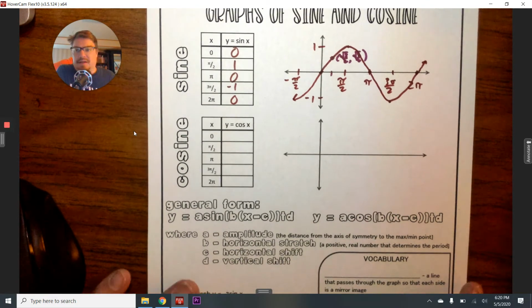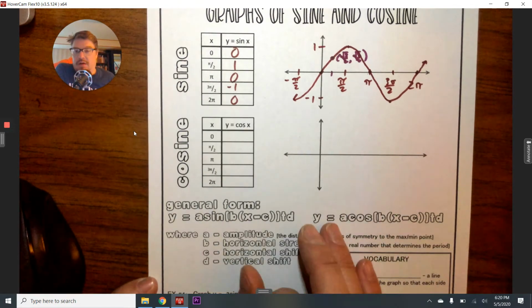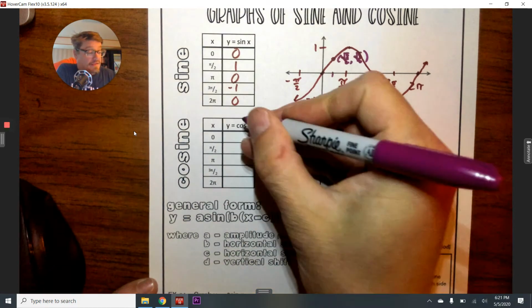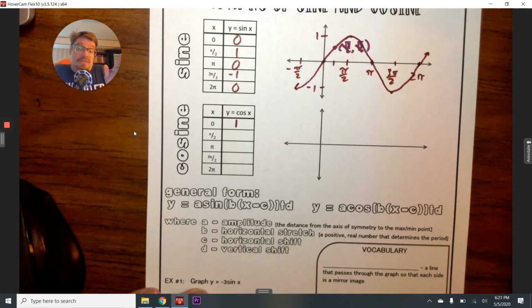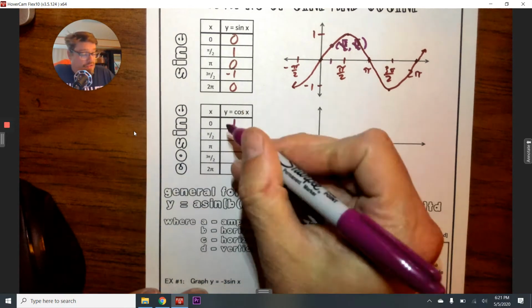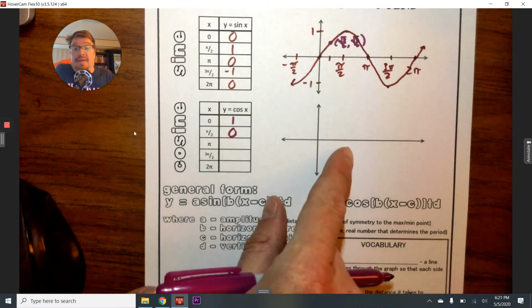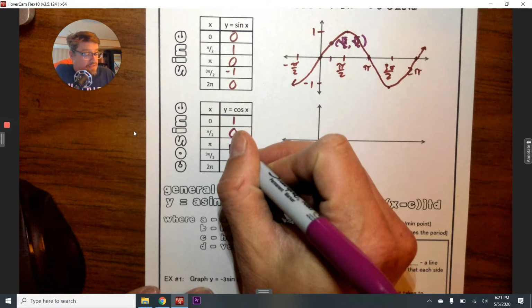That is 45 degrees. So when we get to cosine, though, things have changed, right? If I go to the unit circle, at 0 degrees, I'm not at 0. At 0 degrees, the x-coordinate is actually a positive 1. If I go to pi over 2, that means cosine retreats back to the origin and becomes 0. And if I go to pi, then I'm at the other side of the origin, so I'm at negative 1.